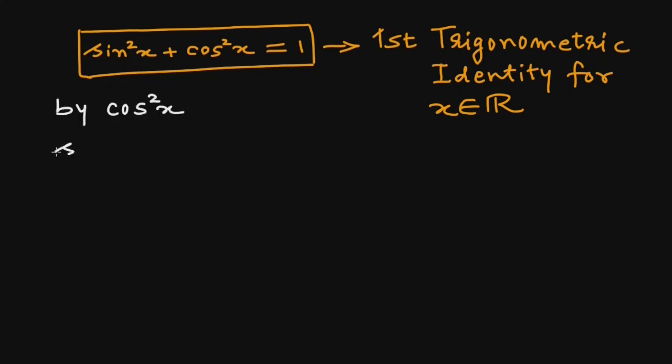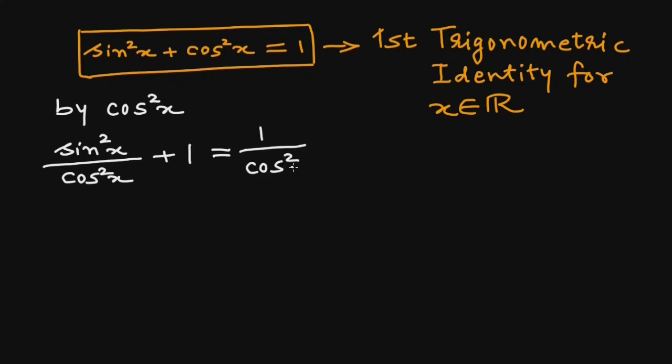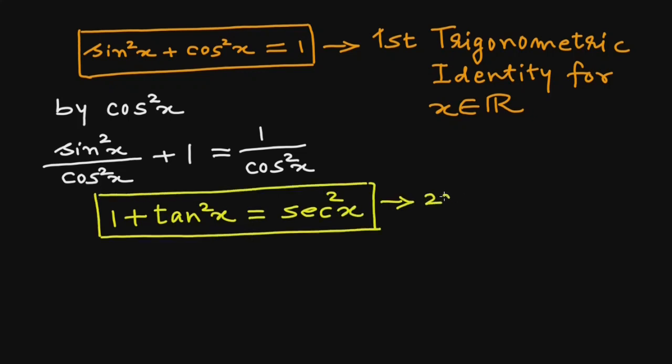So it will be sin square x upon cos square x plus cos square x upon cos square x, which is 1, equals 1 upon cos square x. This will be 1 plus tan square x equals sec square x. So this will be our second trigonometric identity.